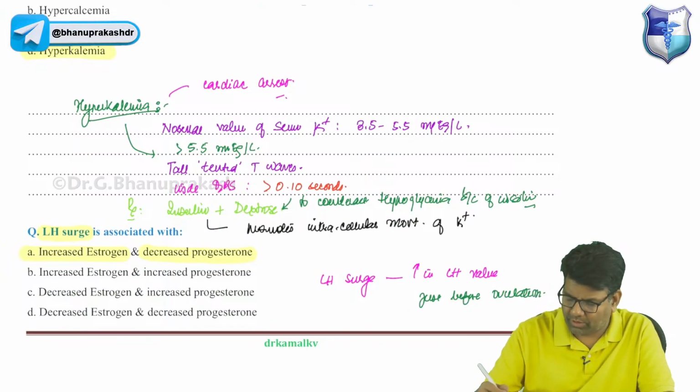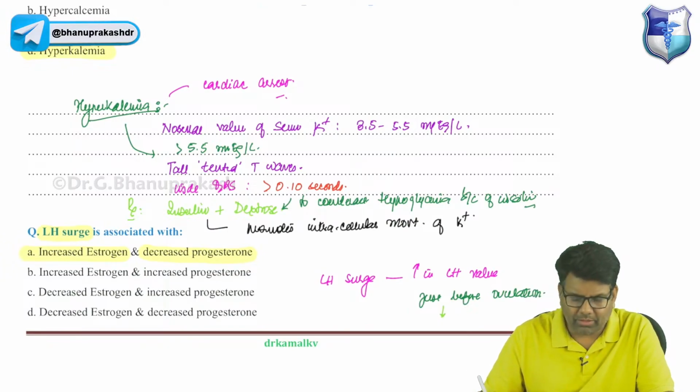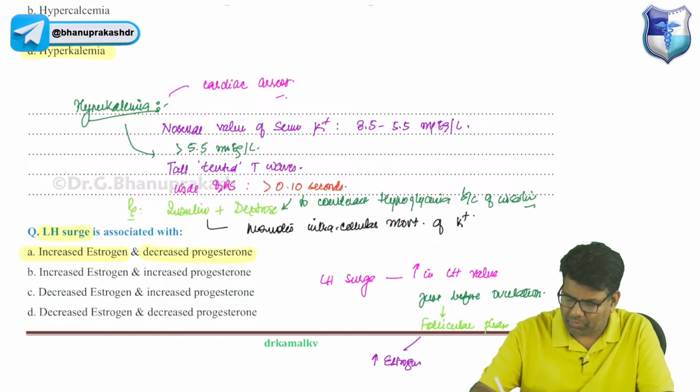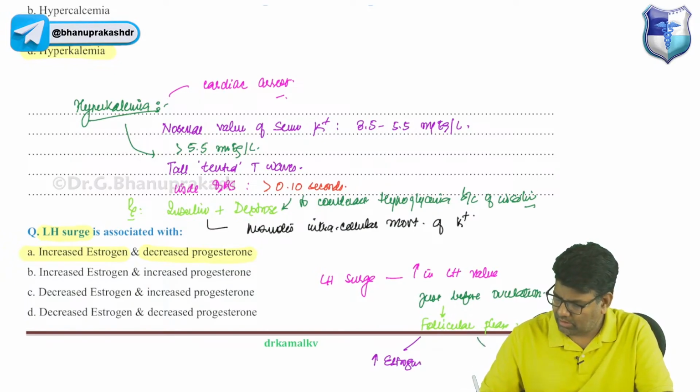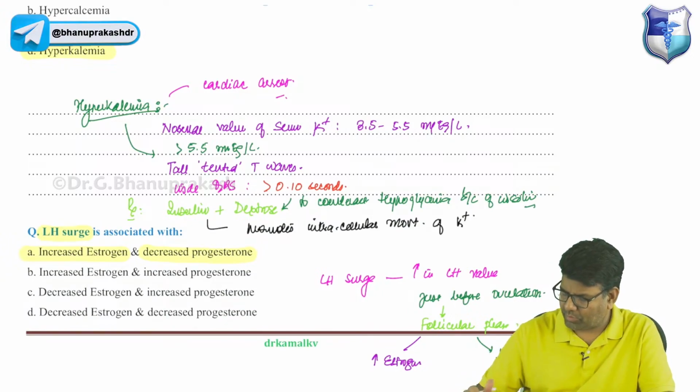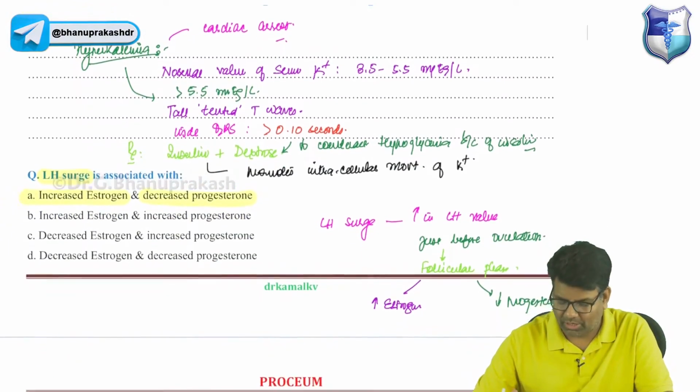So this is which phase of the menstrual cycle? Follicular phase. And in follicular phase, estrogen is high, progesterone is low. Very good. Progesterone increases in luteal phase.